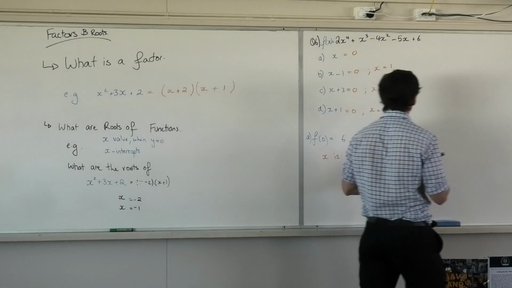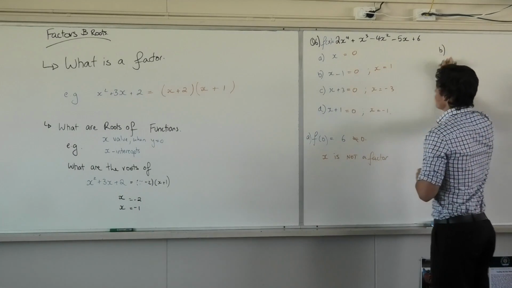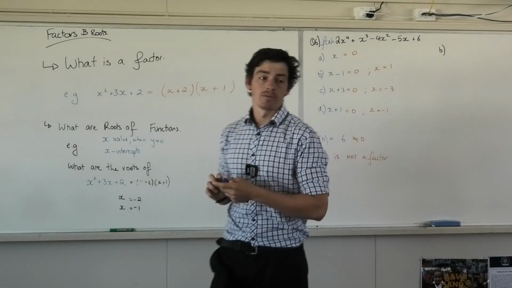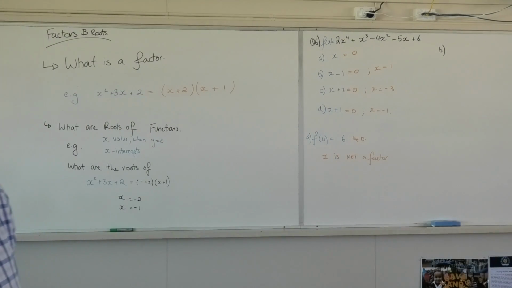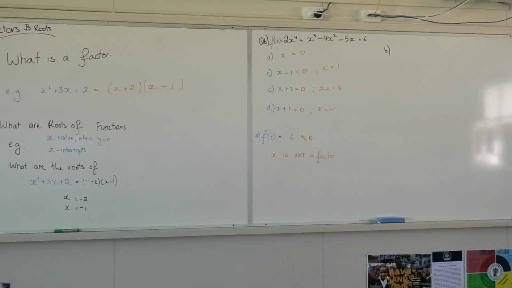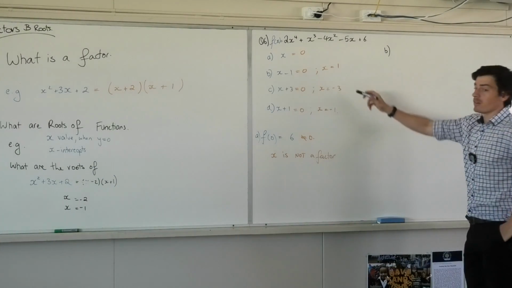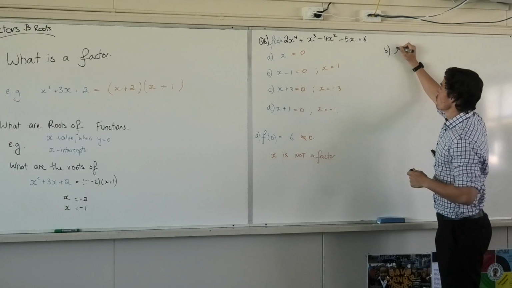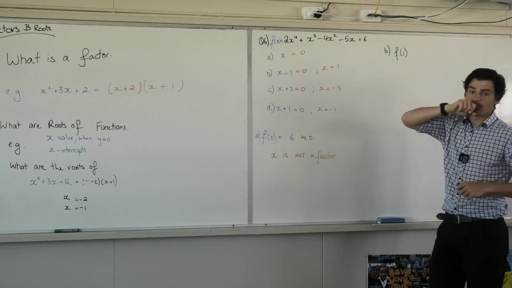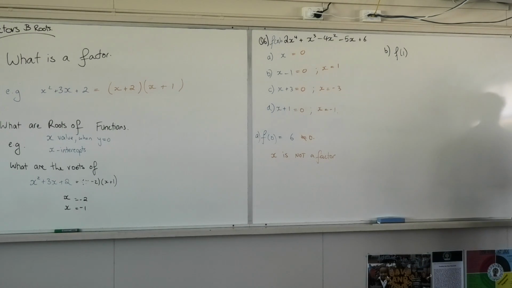So let's try B. Let's see if B works. So for B, what do we want x to equal? Positive 1. x minus 1 must equal 0, therefore x must equal 1.